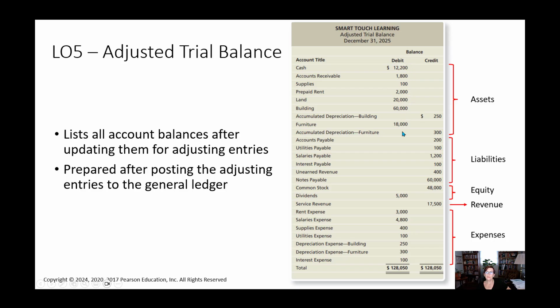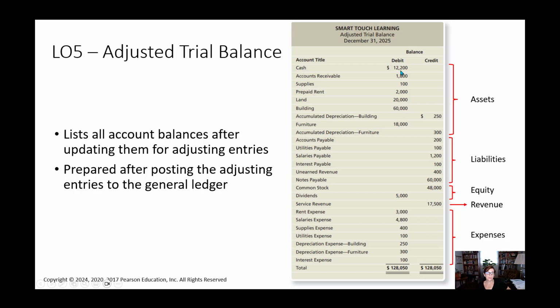So, for example, let's look at our salaries expense, right? Our adjusted salaries expense, remember, was $4,800, and this is showing our salaries payable of $1,200. It is in the same order as the other trial balance that you did, the unadjusted trial balance. It starts with assets in order of liquidity.